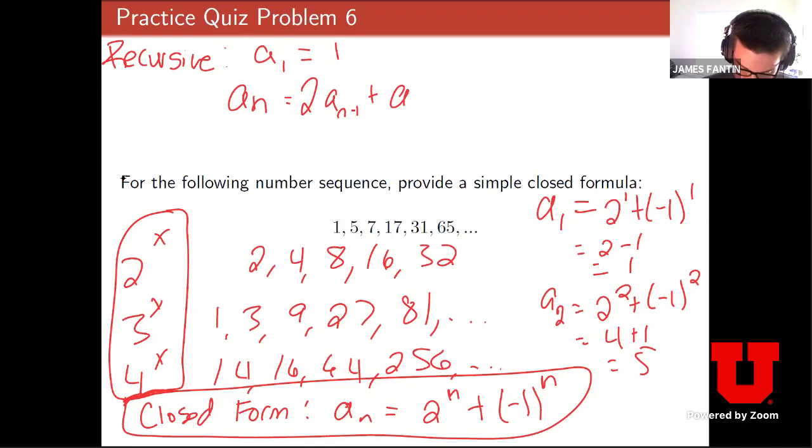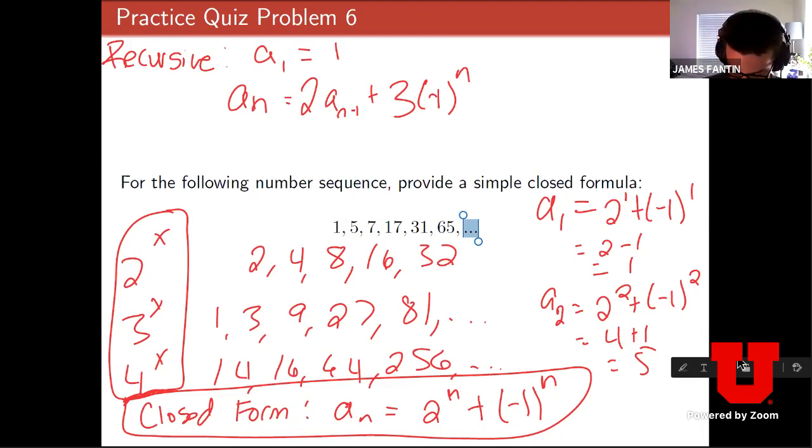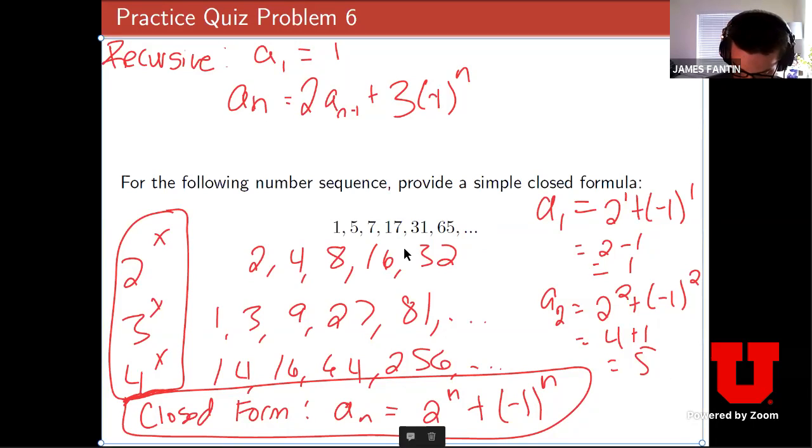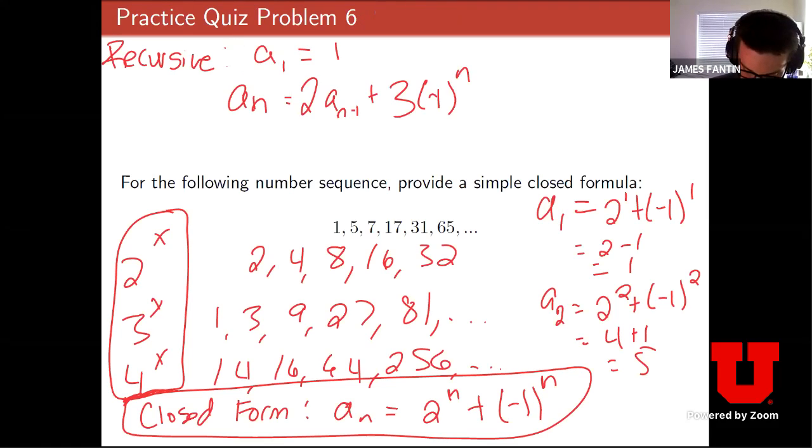There we go. So in general, this would be 3 times negative 1 to the n. Hopefully some of you were working through this, we can do this from the closed form. If we know the closed form, it's easy to find the recursive form.